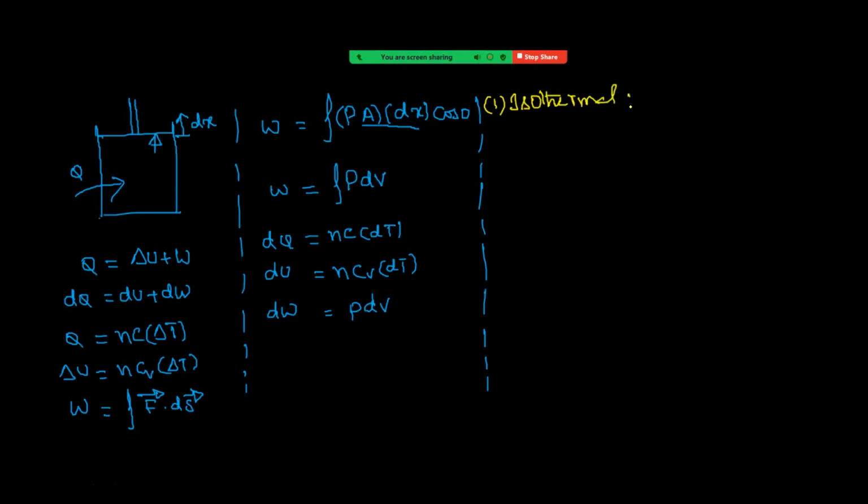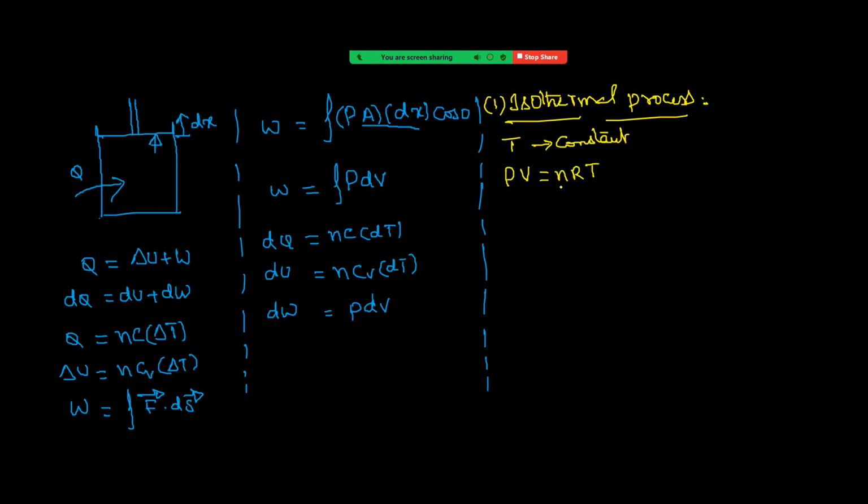Isothermal process. Isothermal means temperature is a constant. So temperature constant means from the gas equation we can write PV equal to nRT.